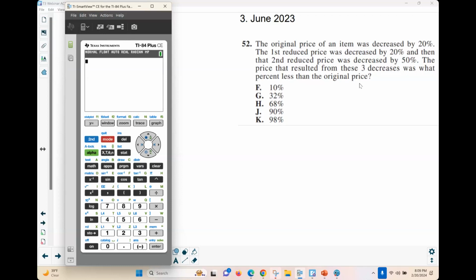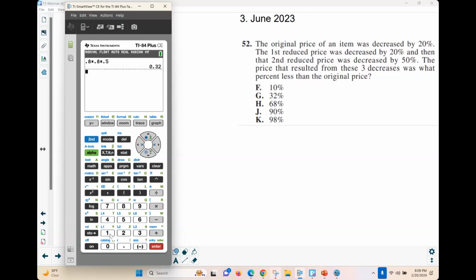So what I like to do is go with what was still there. If it's decreased by 20%, it's now there by 80%. And then decreased again by 20% would leave me 80% of that. So I'll multiply that by 80%. And then multiply that by 50%. And that is how much it is now.